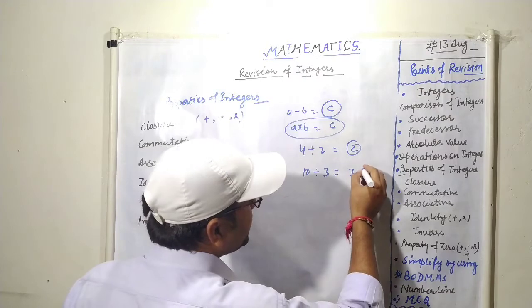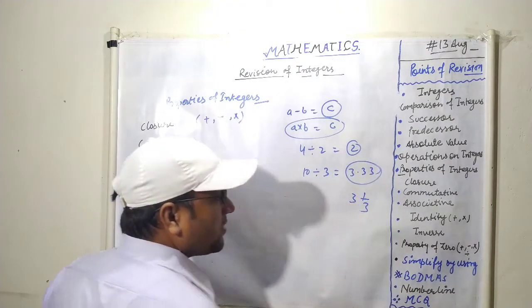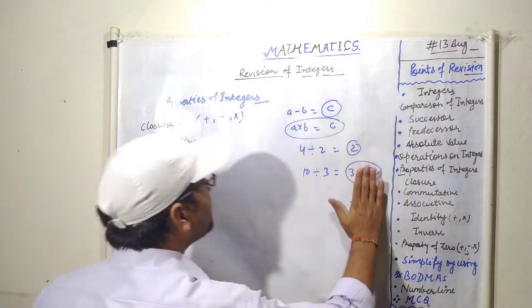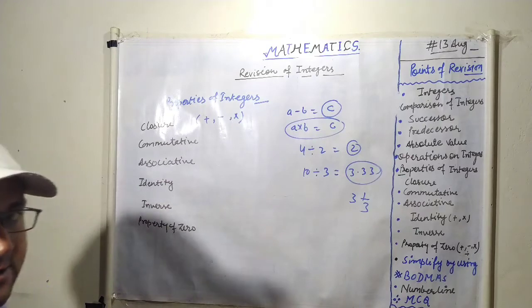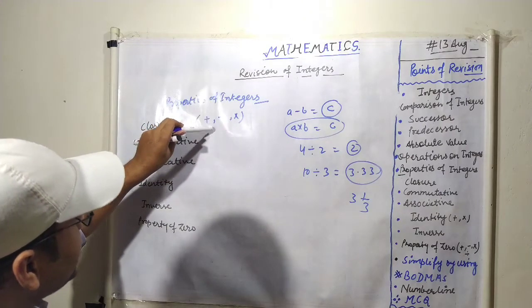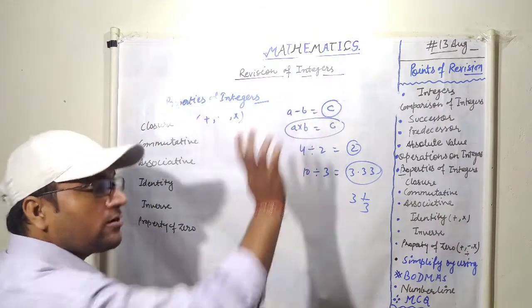You get 3.333, a decimal, or in fraction 3 whole 1 by 3. These numbers do not belong to the family of integers. So the closure property holds for addition, subtraction and multiplication. It need not be true for division.